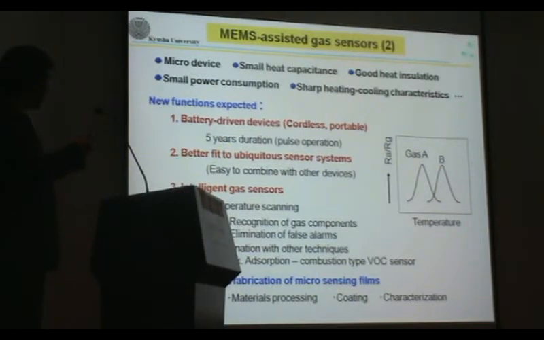And the MEMS chip can be introduced into mobile phones and very small portable devices. So we can integrate MEMS devices in a portable system. Finally, I think this advantage is available for the medical field.